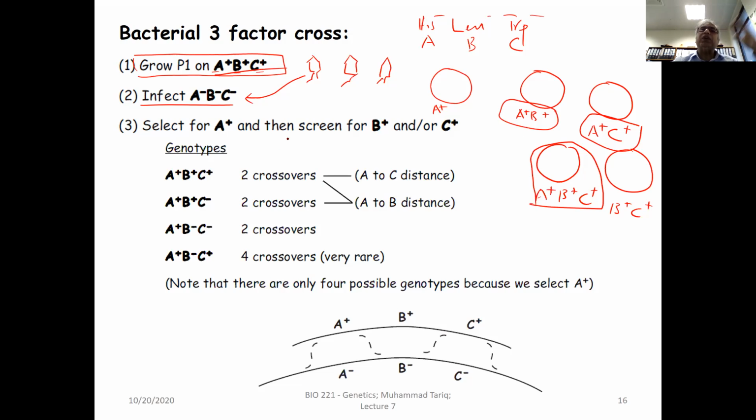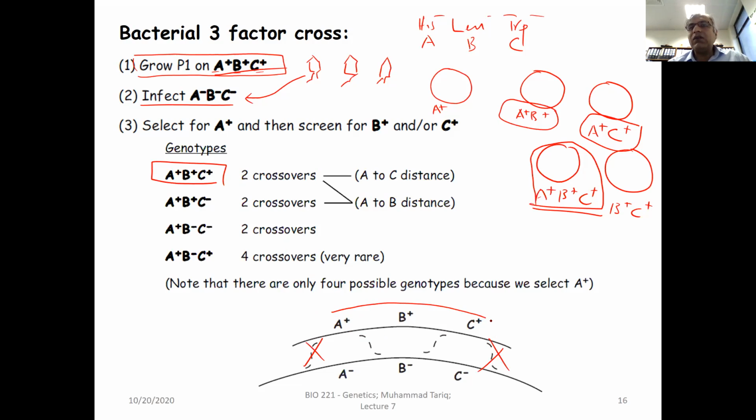So based on the phenotypes, let's say we get A plus B plus C plus. This means there's double recombination here and here. Thus, the distance between A, B, C is less than one phage headful. It can be complicated also because, even if it is less than one phage headful, it also depends on where recombination has taken place.